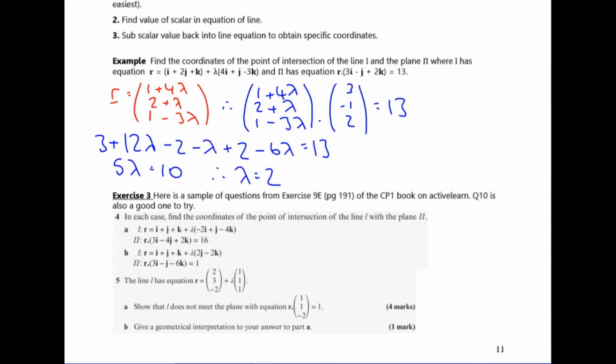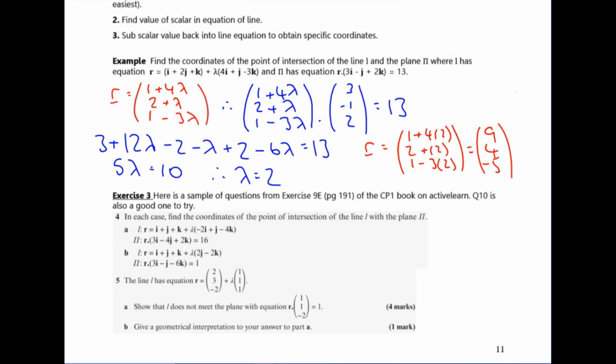Don't forget to go back and substitute this into the equation of your straight line to work out the point of intersection. So if you stick in lambda equals 2, you get (9, 4, -5).